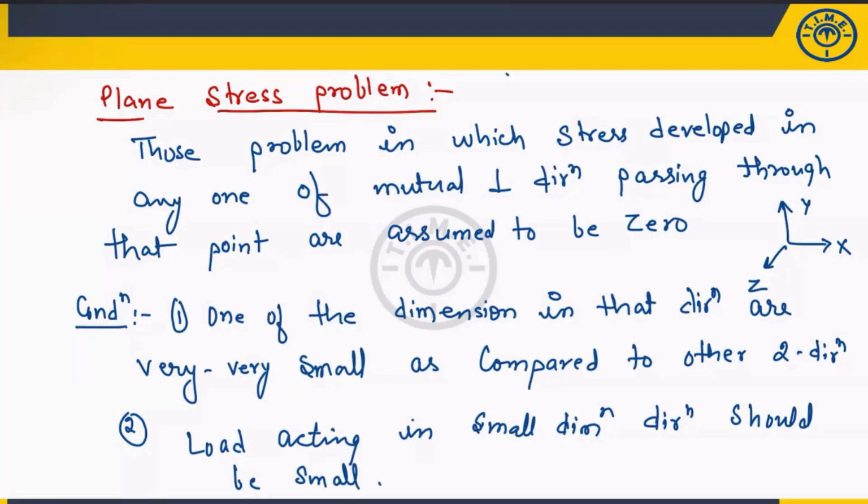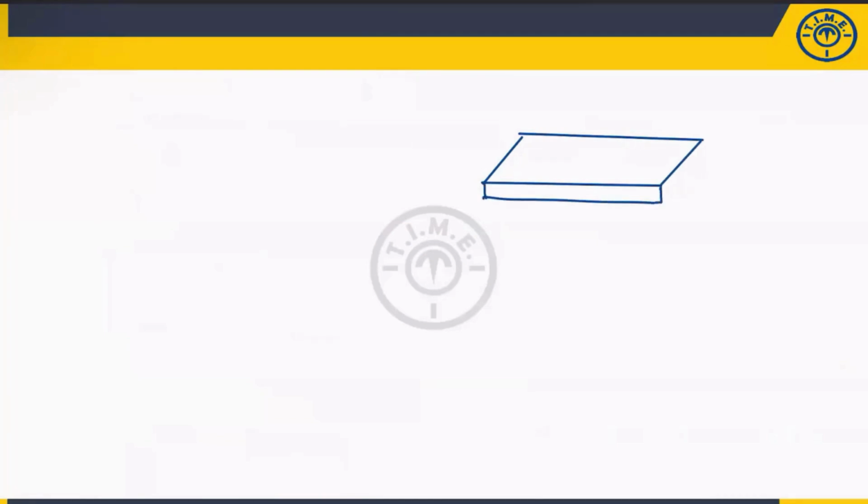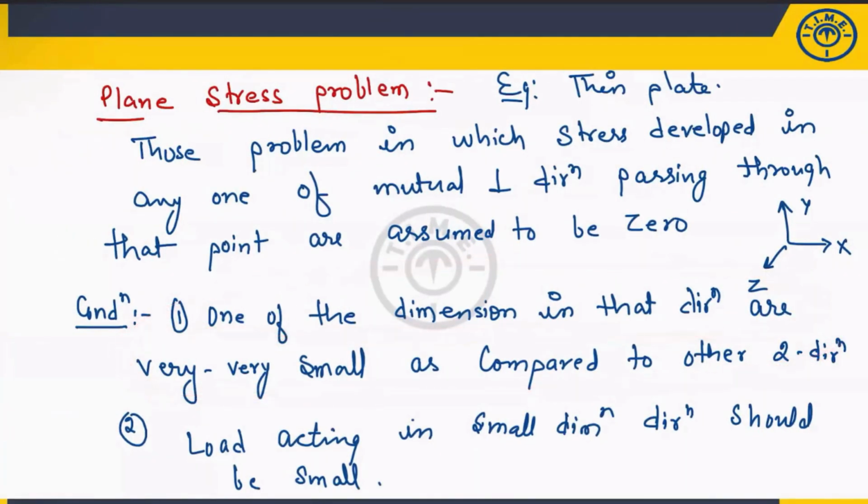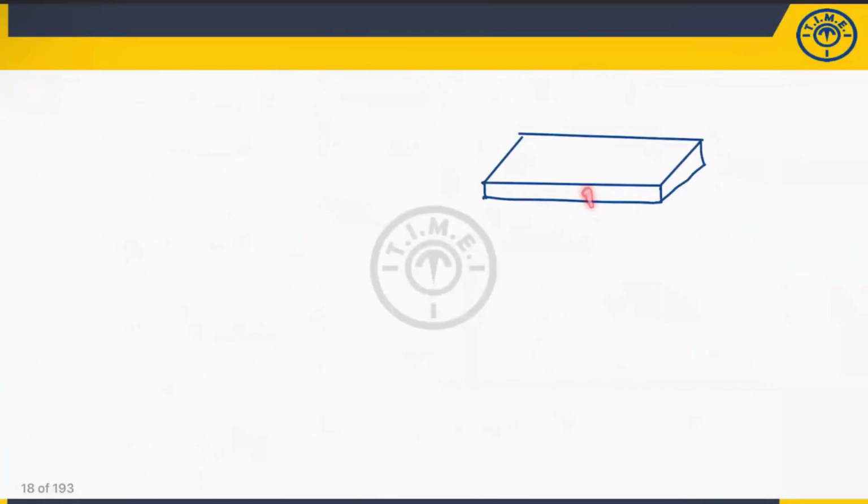So the best example of plane stress problem is a thin plate. Let's try to understand with one example. This is basically one thin plate. Now, one dimension is length, one dimension is width, another is thickness. The thickness direction is very small as compared to the other two, so it is satisfying the first condition. The second condition is that the load acting in that direction will be very small.